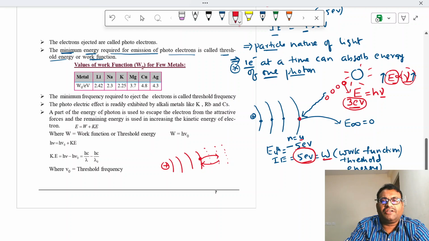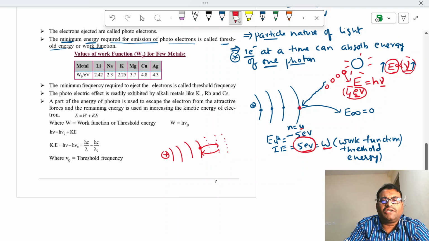So 3 electron volts, let us convert it into 4 electron volts. Each photon is now having 4 electron volts. Will the electron come out? No, because for the electron to come out from this 4th orbit, 5 electron volts is required. Again increase the frequency, energy is increased.